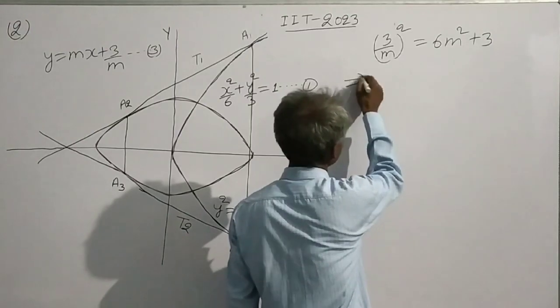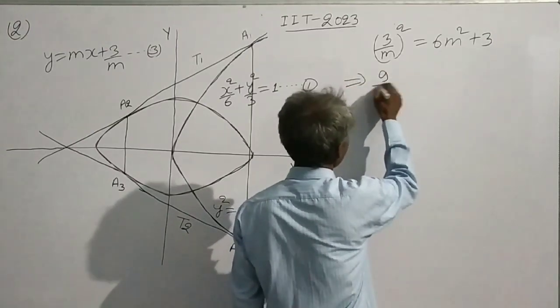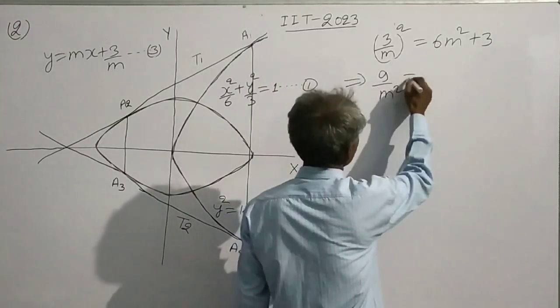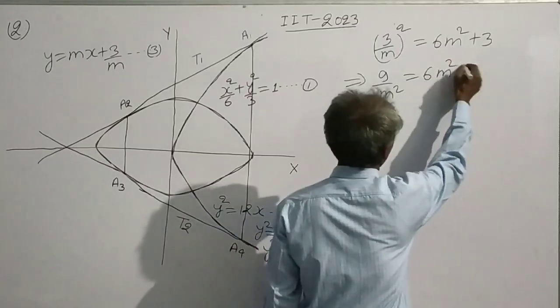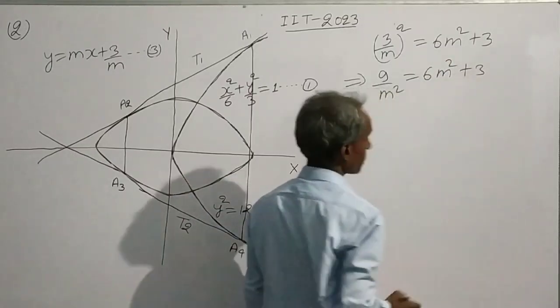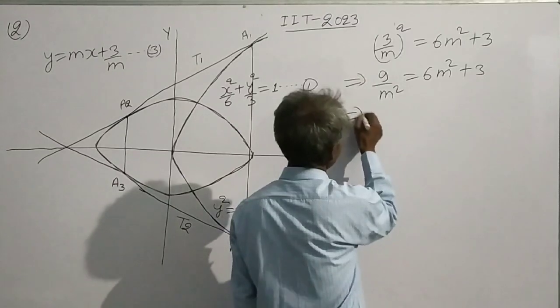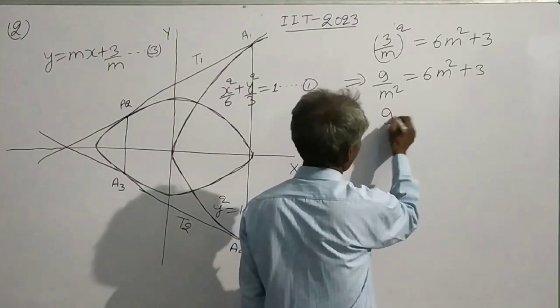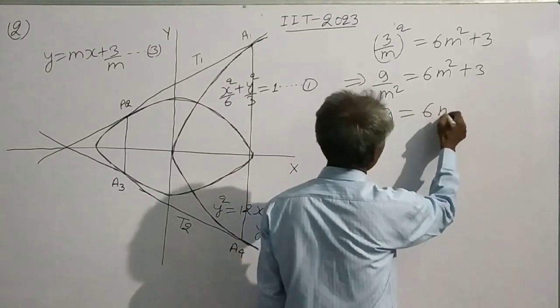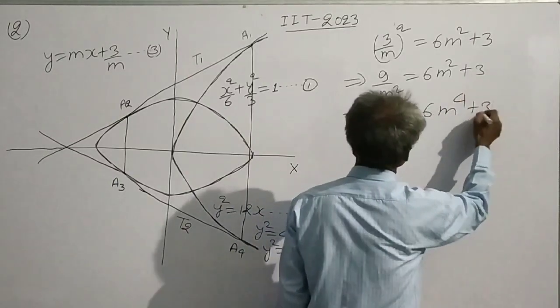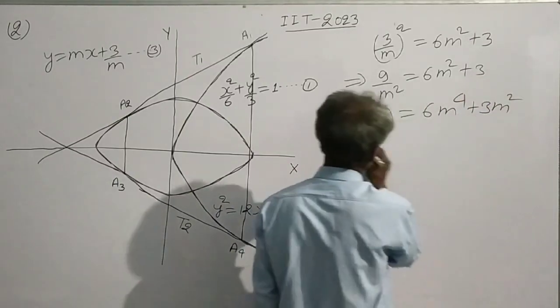This implies 9 by m square is equal to 6m square plus 3. This implies 9 is equal to 6m to the power 4 plus 3m square.